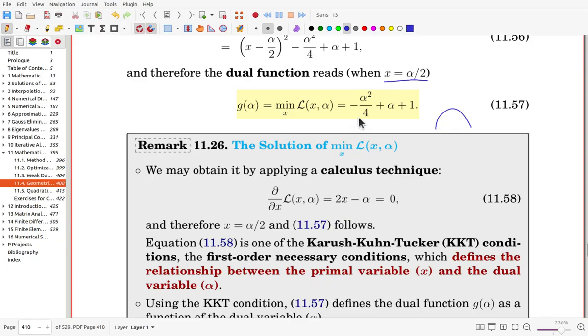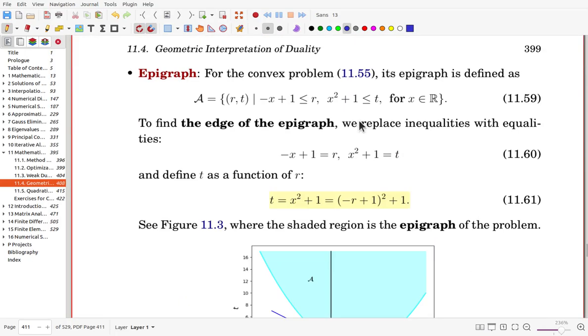Okay, we reached this Lagrange dual function. Now, let's consider the epigraph.